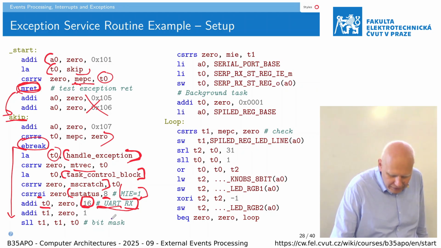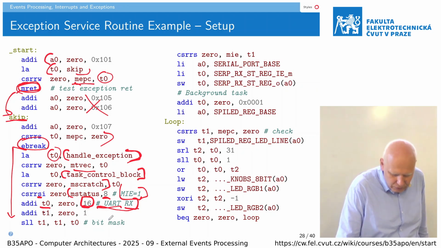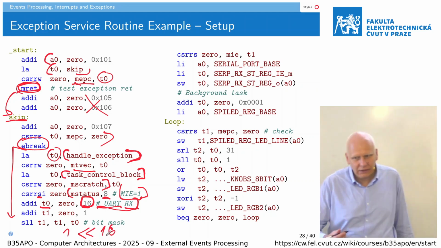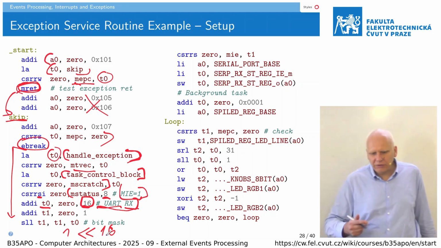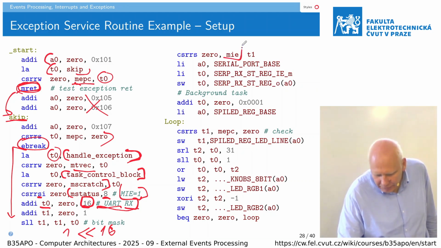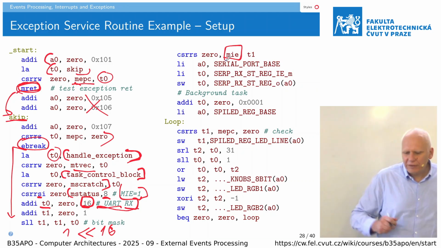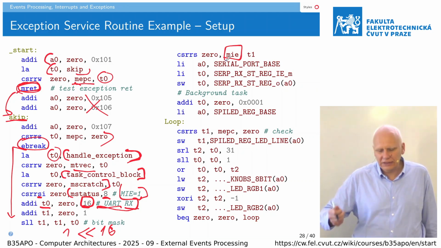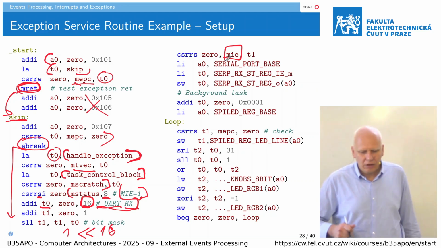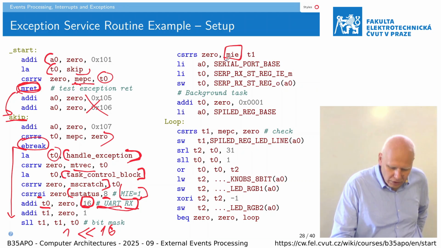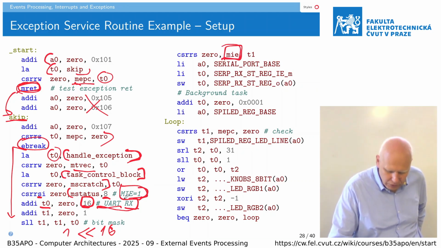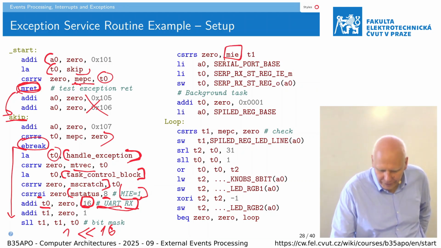And then we use this setting to 1 and shift left by 16 to get a mask of that bit which we want to enable in the interrupt enable register. So this way we have allowed it. When there is the external interrupt number 16, it can be accepted on the individual interrupts level, and this way on the whole machine level.